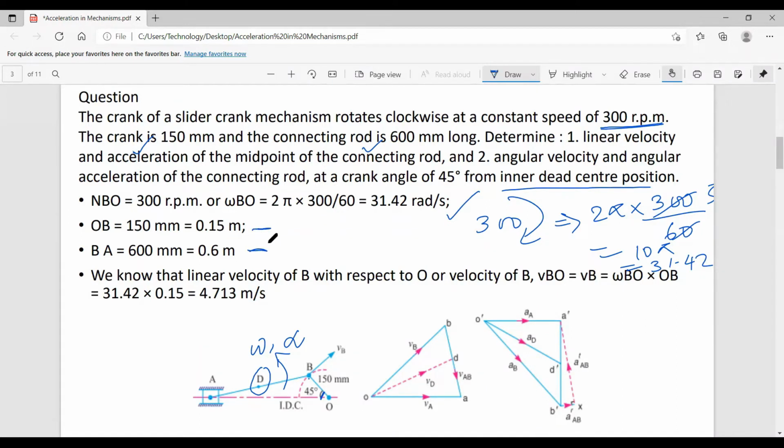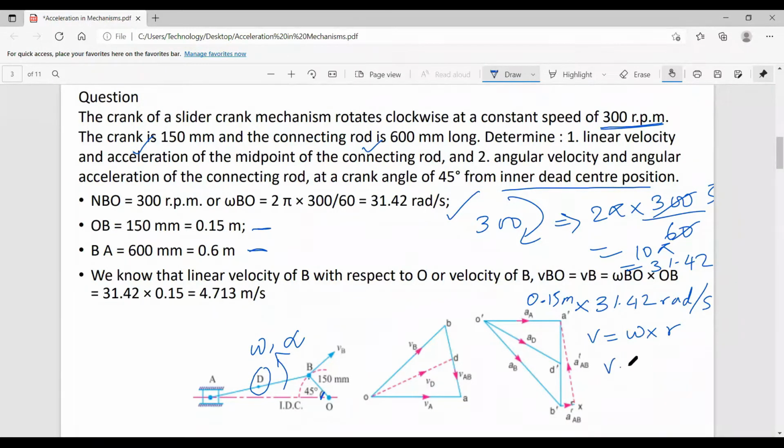Length of crank, length of connecting rod, it is given. We know that our linear velocity v with respect to O will be given as angular velocity into the length of the crank, right? Angular velocity I have found, 31.42 rad per second. Velocity I have to find, so v is equal to omega into r, that is 150 millimeter, which is 0.15 meter.